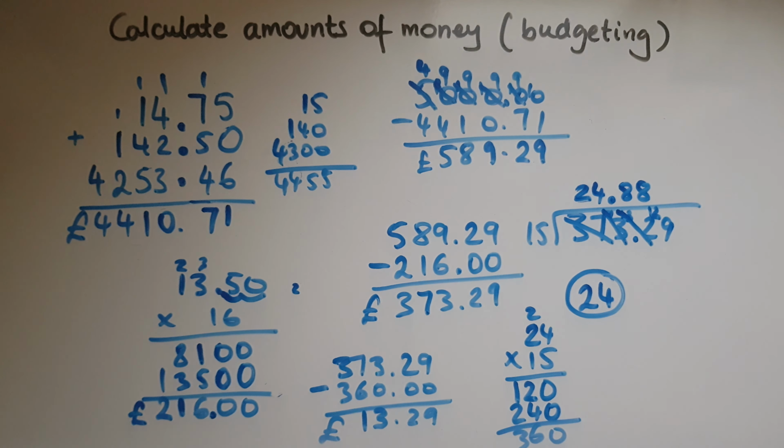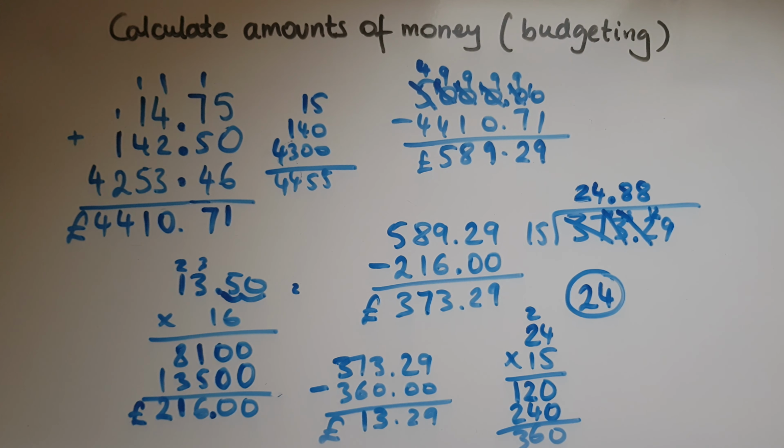So what we've learned through this is that it is important to know what your budget is. If we want to work out the total cost, we add things up. If we want to work out how far off we are from the budget, then we subtract the total cost from the amount that we have available.